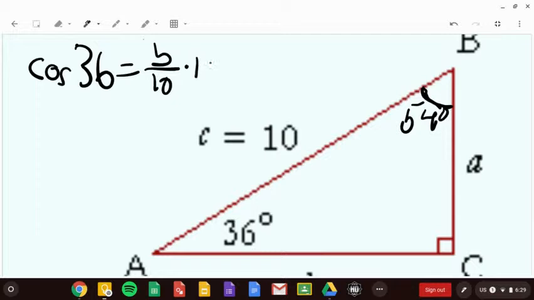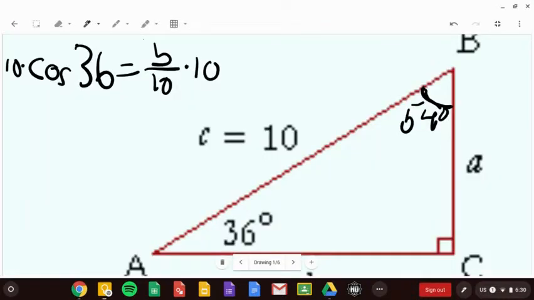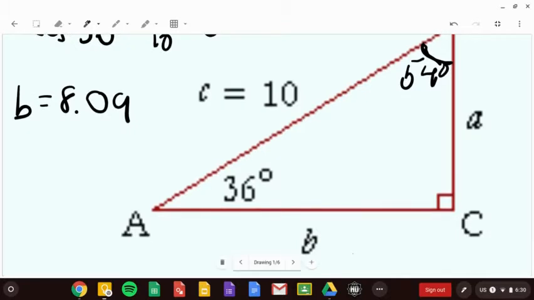Again, basic algebra skills, multiply that over. Then you get about 8.09 for B. And then you've basically solved the whole triangle.